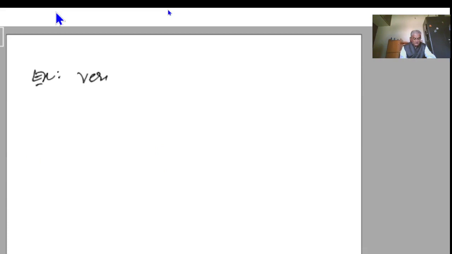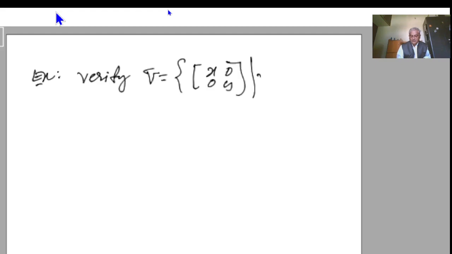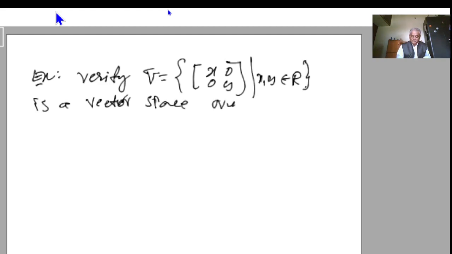Verify that V equal to the set of matrices [x 0; 0 y], where x and y belong to R, is a vector space over R. Solution.